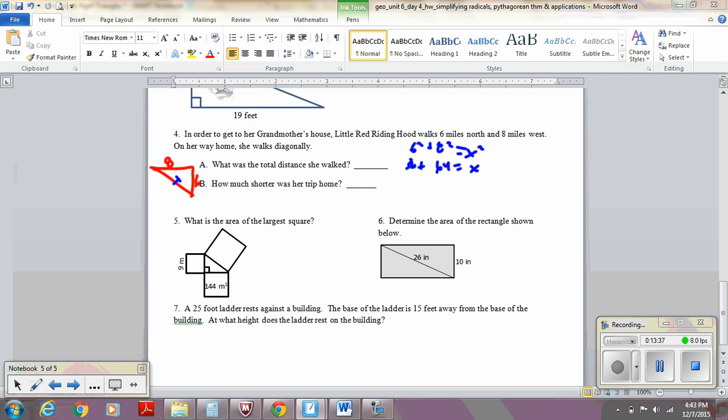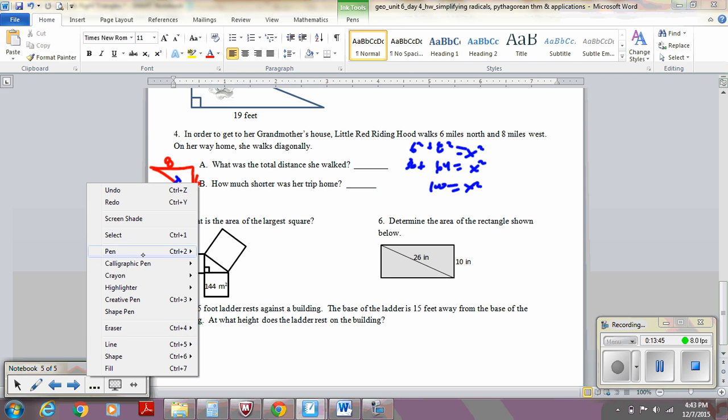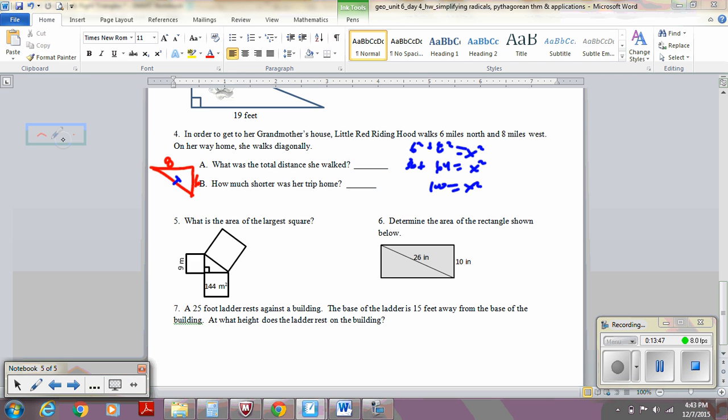Equals x squared. And that would give me 100 equals x squared. And the square root of 100 is 10. So I know this missing side is 10.